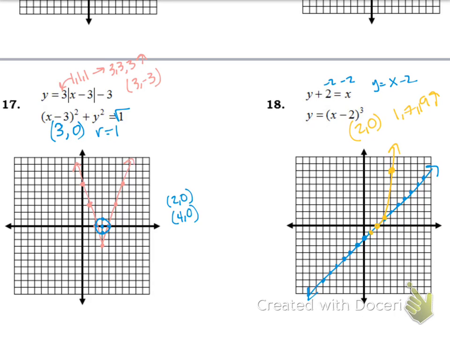Left 1, down 7. So it's hitting at 2, 0. It's hitting at 3, 1, and it's also hitting at 1, negative 1. So it's got 3 points of intersection for that one.